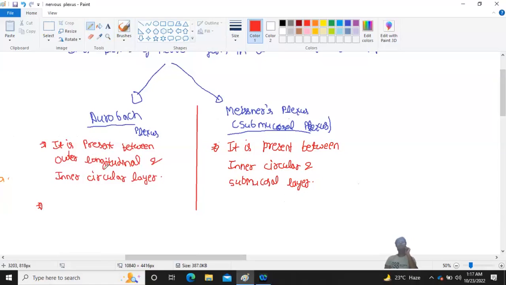Then, it is present between muscular layers, so it controls the contraction, basically the peristalsis movement of the gut. It controls the movement, peristalsis, of the gut.